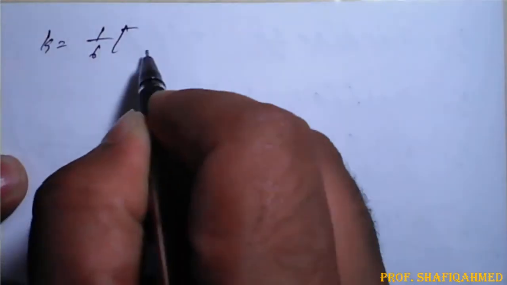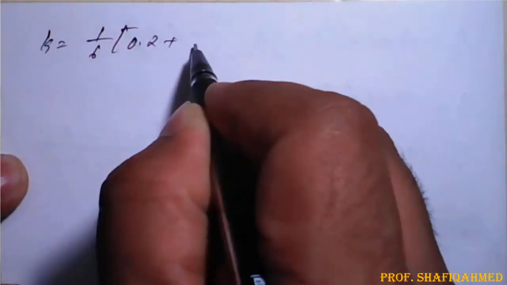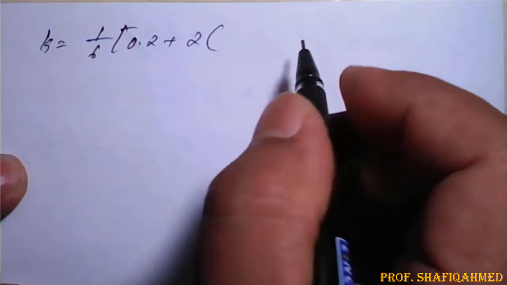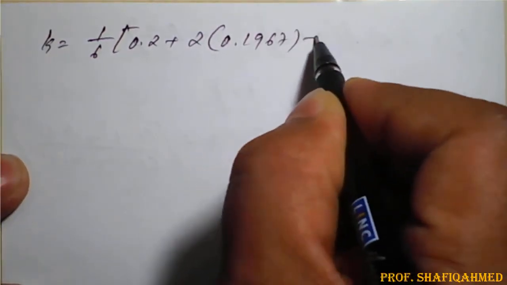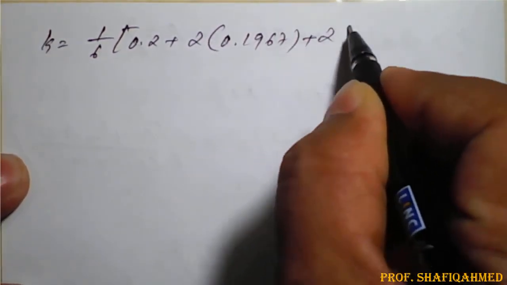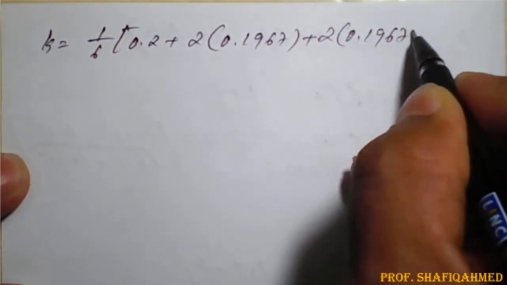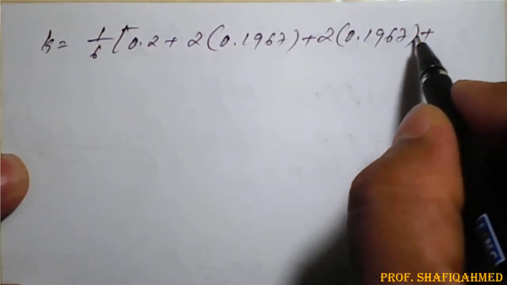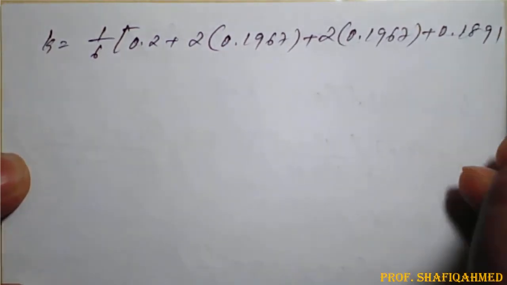So now we'll find the value of k, that is given by k is equal to 1 by 6 times (k1, the k1 value we got 0.2, plus 2 times k2, k2 is 0.1967, plus 2 times k3, k3 is also 0.1967, plus k4, the value is 0.1891).